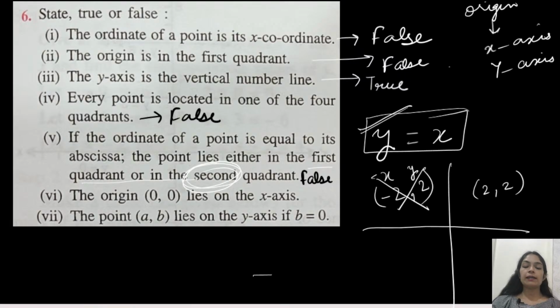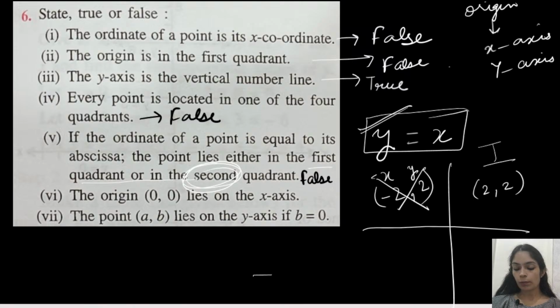I am just giving the true statement of this one. So in which of the quadrants? First, yes, in the first there is a possibility that x and y can be equal. Do we have any other quadrant where x and y are equal? Yes, (0, 0). The origin is also another possibility where x and y are equal.